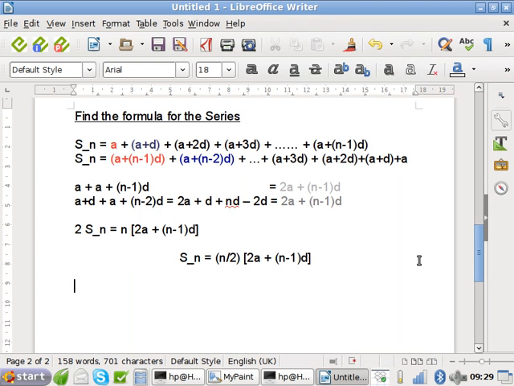Right, so just write this one down, and then we'll have a look at some examples using this formula. Okay.